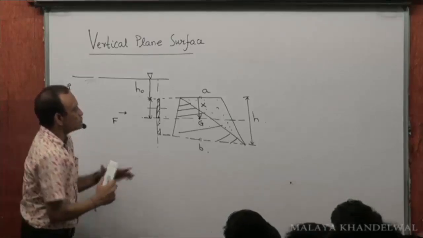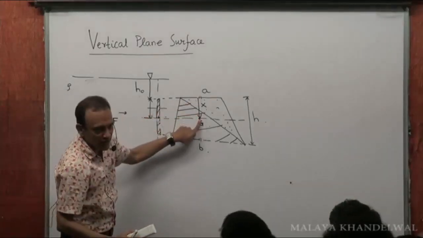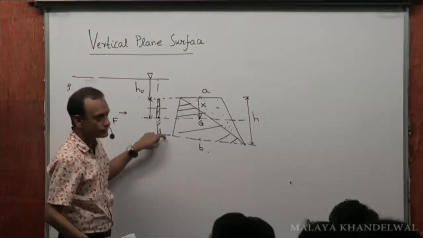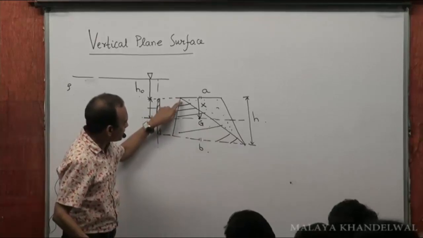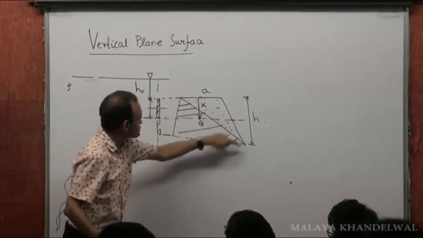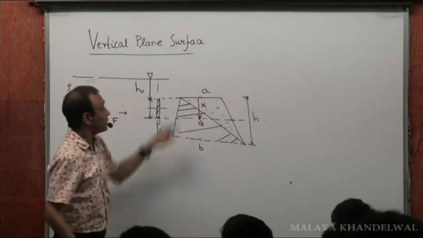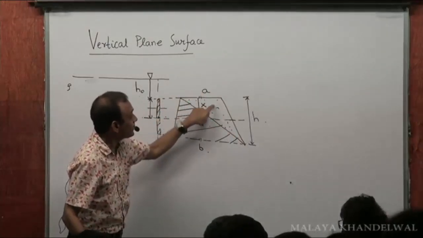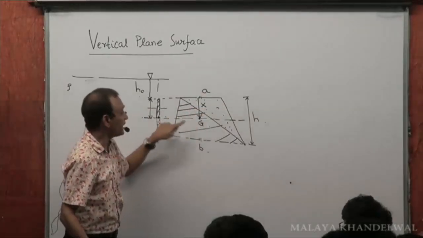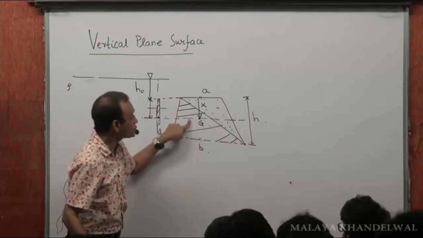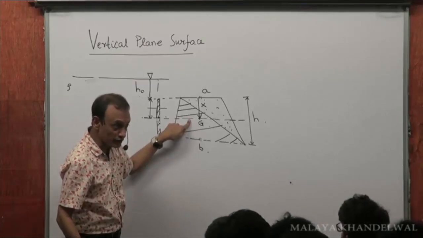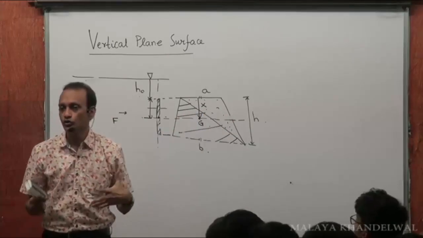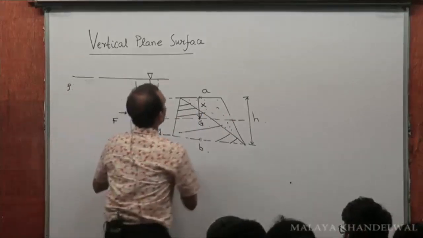So, to compute the depth of the center of gravity from A, I'll have to look at this triangle, compute the depth of its center of gravity from A, look at this triangle, compute the depth of its center of gravity from A, then A1 into H1, the depth of center of gravity, plus A2 into H2 divided by A1 plus A2. Yes or no?